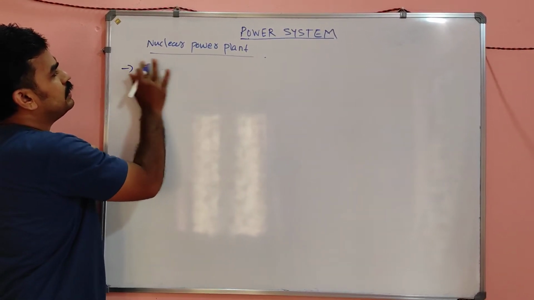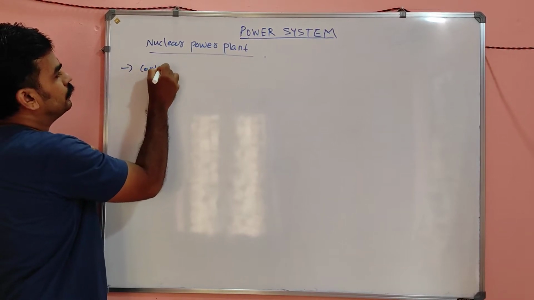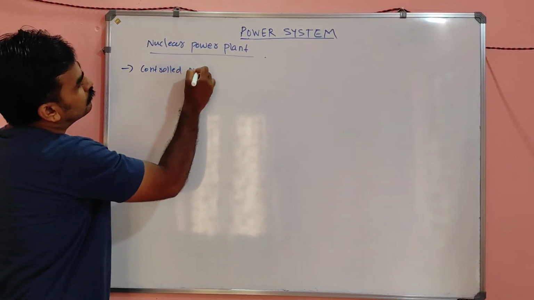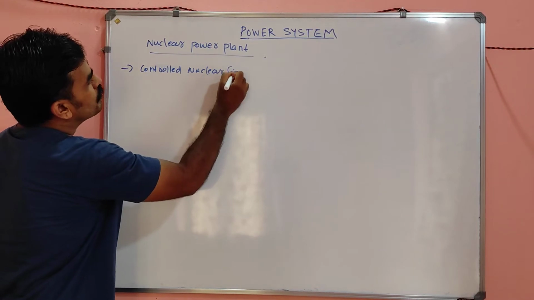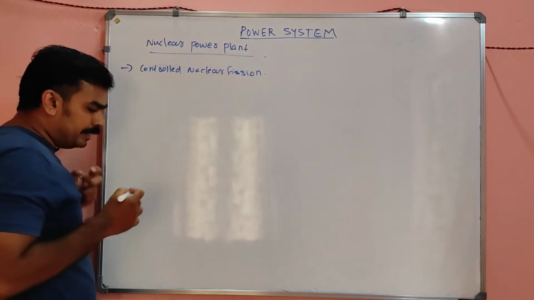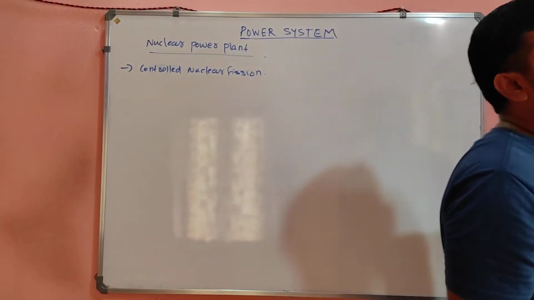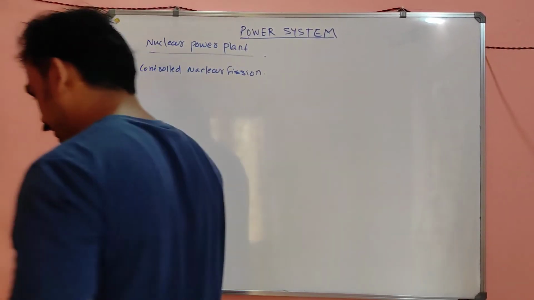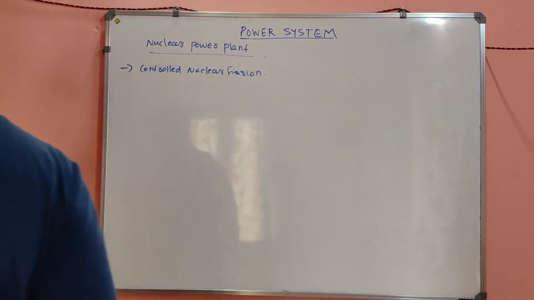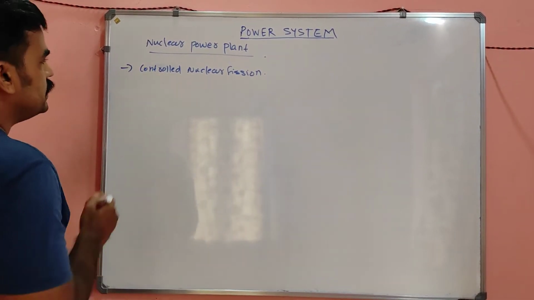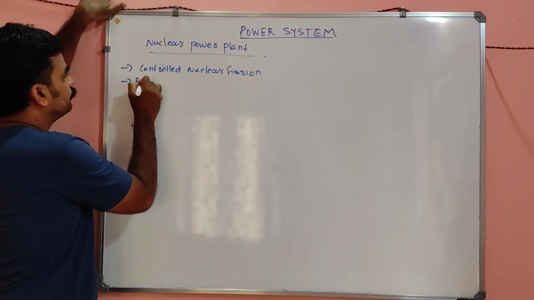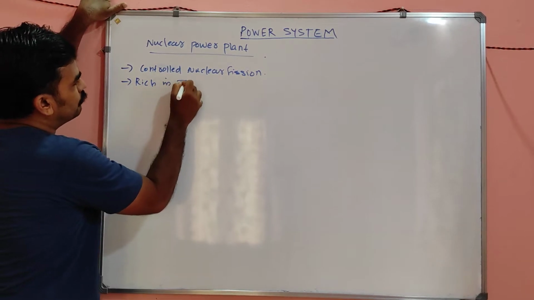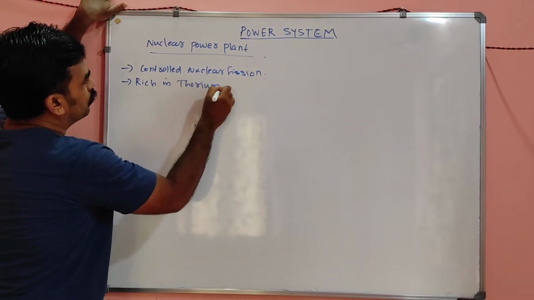Our correct word is controlled nuclear fission. Controlled nuclear fission is the process in the nuclear power plant. Of course, we know India is rich in thorium, not uranium, my dear.